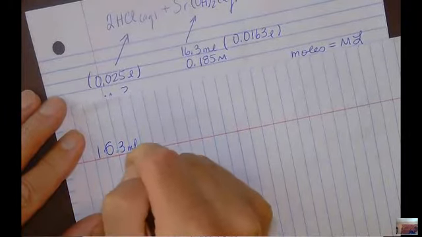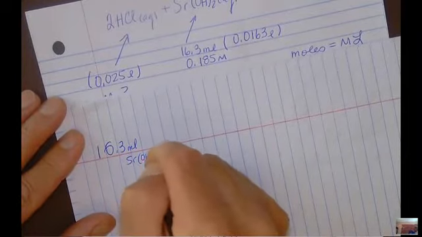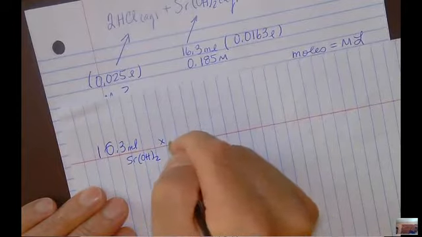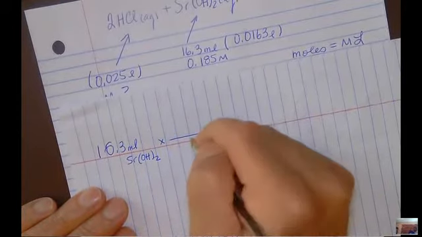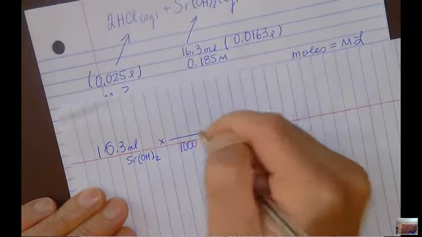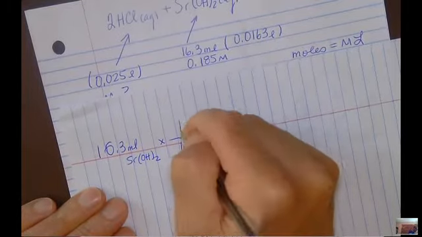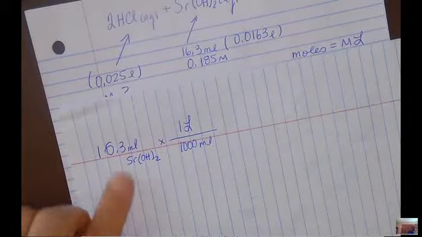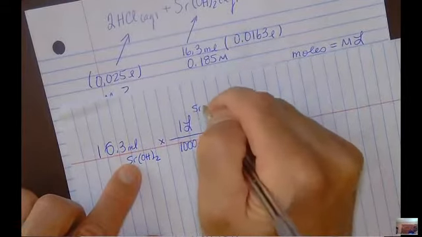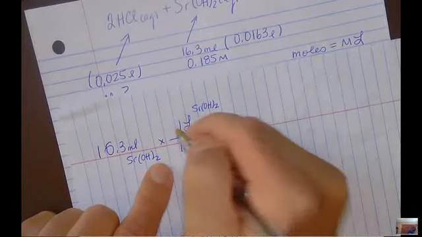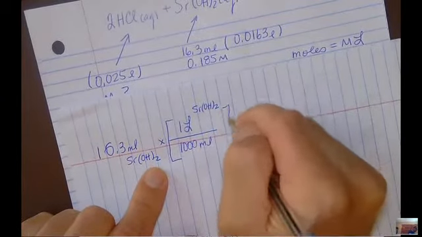16.3 milliliters of Sr(OH)2 is my starting point. Can't work in milliliters, have to go to liters. There are 1,000 milliliters in every 1 liter of anything, including strontium hydroxide. Now, at this step, I'll have liters of strontium hydroxide.